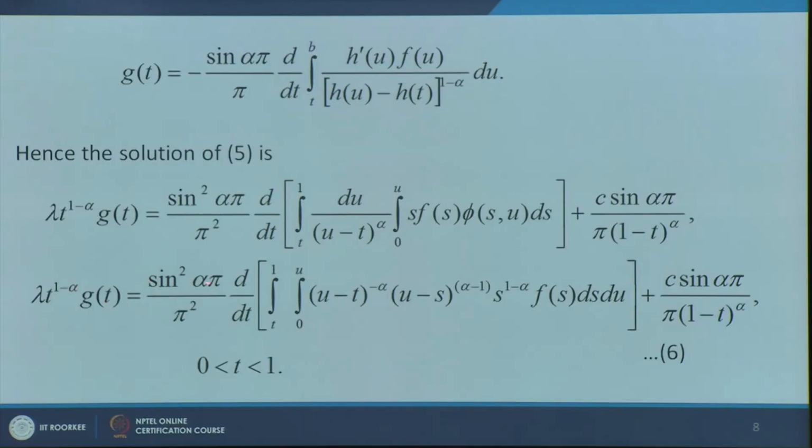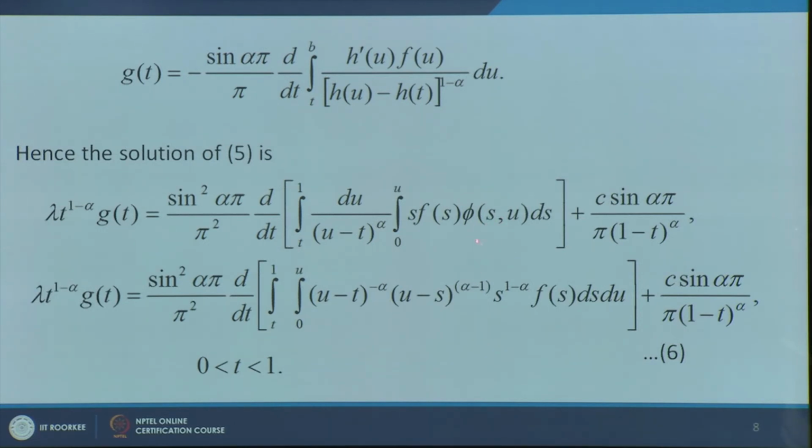So then we can write it further as lambda times t to the power 1 minus alpha over g(t) sin square alpha pi over pi square d over dt of the integral t to 1, 0 to u minus t raised to the power minus alpha, u minus s to the power alpha minus 1, s to the power 1 minus alpha f(s) ds du, 0 to u minus t, phi(s,u). We are putting the value of phi(s,u) here.